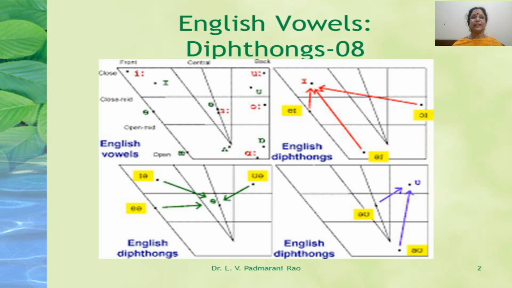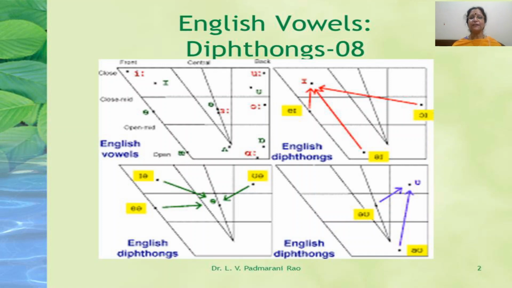Can you make out another difference between these three glides and the other five glides that we discussed? Yes, they are not moving towards closed position. On the contrary, they are falling down. Agree with that? If the other five are called closing diphthongs, these are centering diphthongs because they are moving towards center.